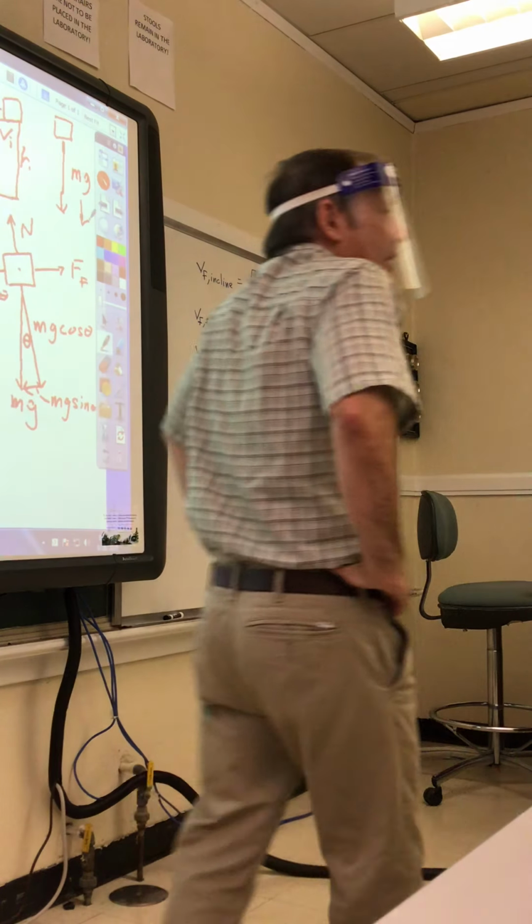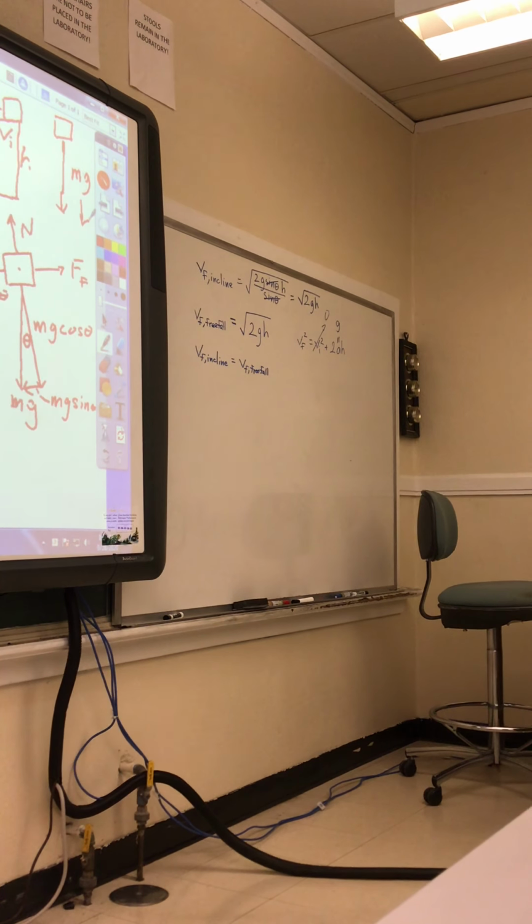So they're both going at the same speed. However, they don't have the same velocity. Okay? We've got to keep our semantics straight. Why don't they have the same velocity? You can have the same speed and not have the same velocity.